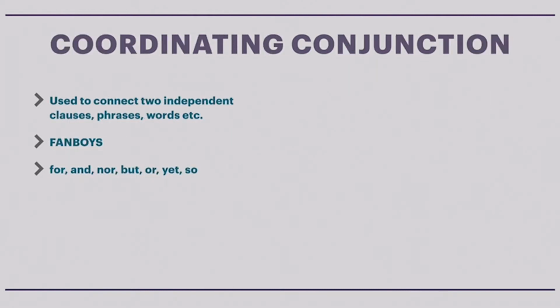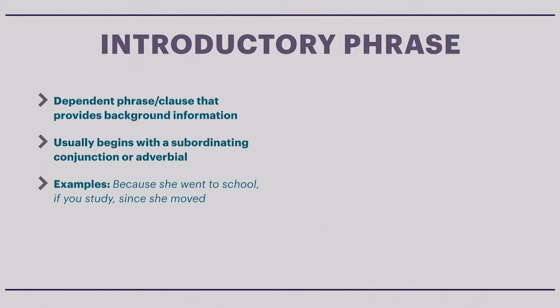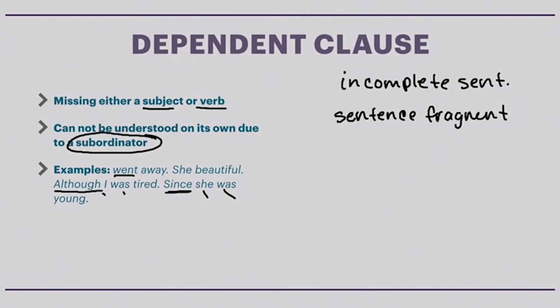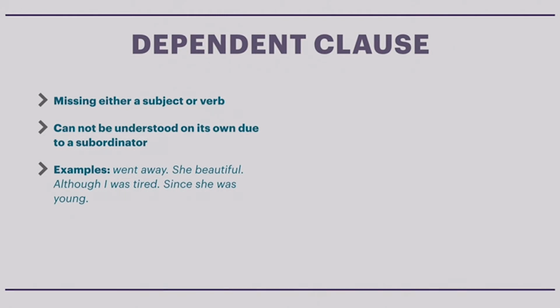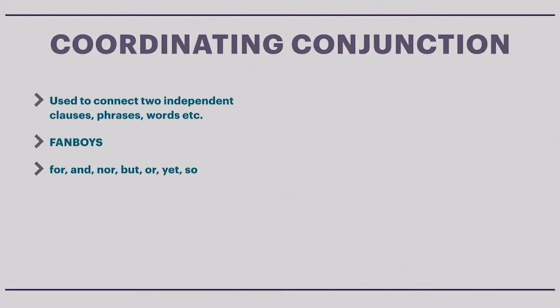Now, you also need to know your coordinating conjunctions. Remember, we did talk about subordinating conjunctions. Coordinating conjunctions are a little different, and they can be defined by FANBOYS here. So they are used to connect two independent clauses, phrases, words.